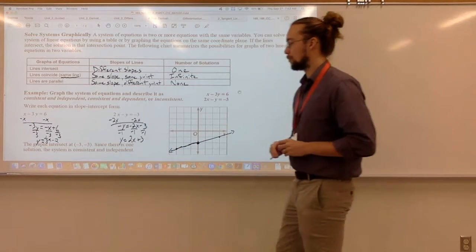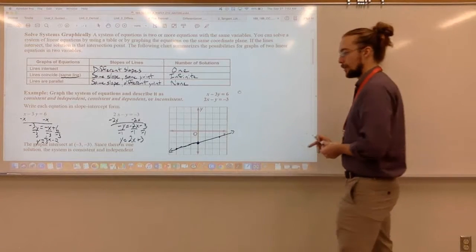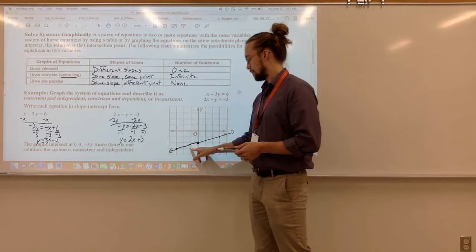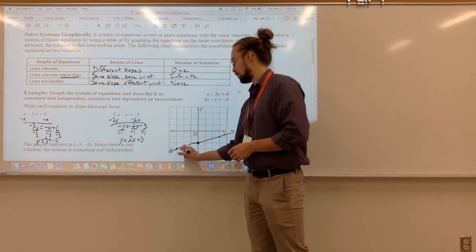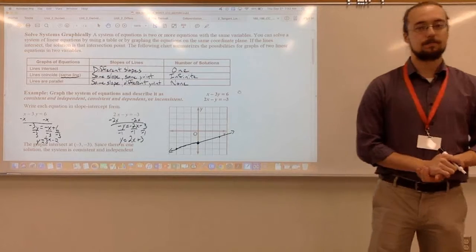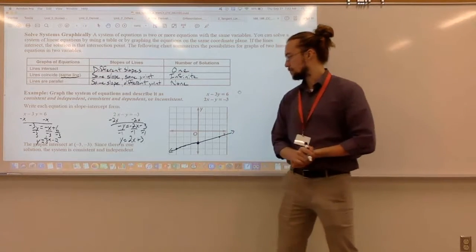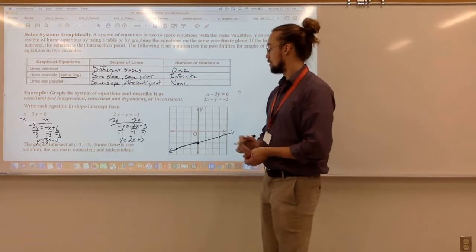How about this one? We want to plot y equals 2x plus 3. How do I graph that one? The y-intercept on the y-axis is 3.